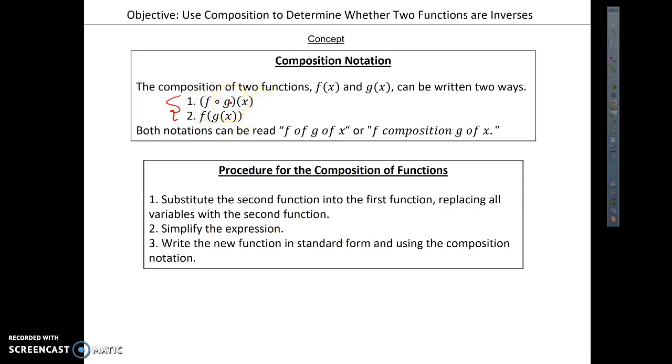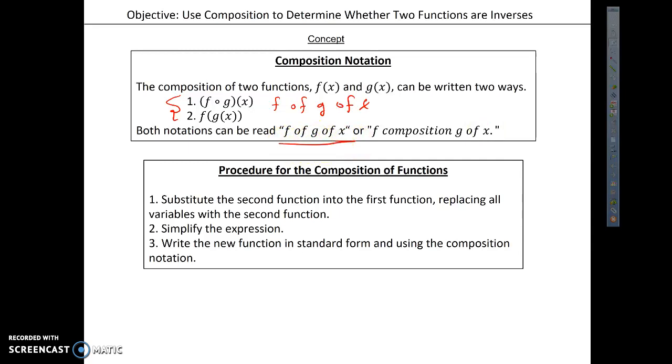This is just pronounced f of g of x, which you can see written more traditionally here. So f of g of x, or f composition g of x. I will generally use this way of reading composition notation.